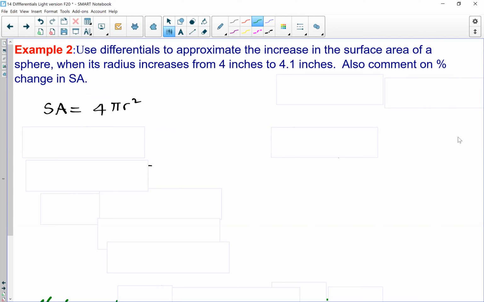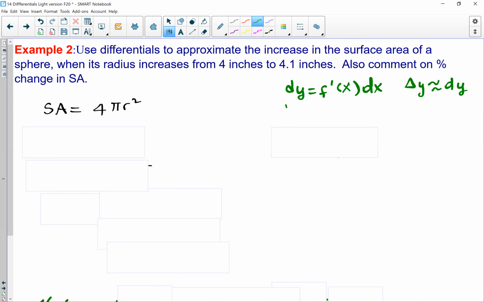And once again, let's remember our formula. So dy equals f prime of x dx. And we know that we use dy to approximate delta y. So we're trying to figure out how much the original function changes when x changes by a little bit. But in this situation, if x, we have r, right? So we want to know how much surface area changes.